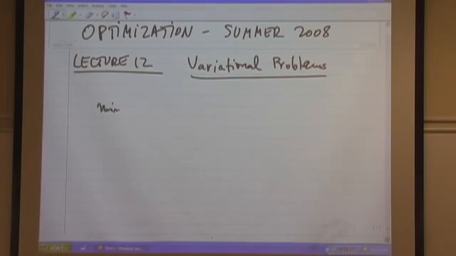The setup is to minimize a functional, that's a function of functions, if you like, which also has to specify what is the set of admissible paths or functions.